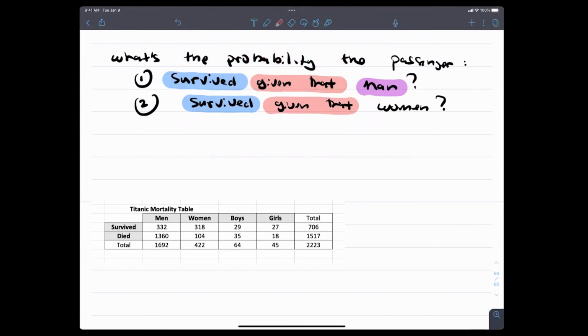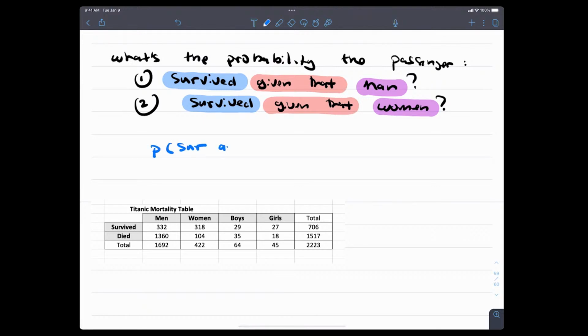Given that you are now who? A woman. So this is going to tell us which passenger was more likely to survive the Titanic, men or women. All right, just to kind of let you guys know, this is a conditional probability. Love this definition. So compare probability. This is the definition.